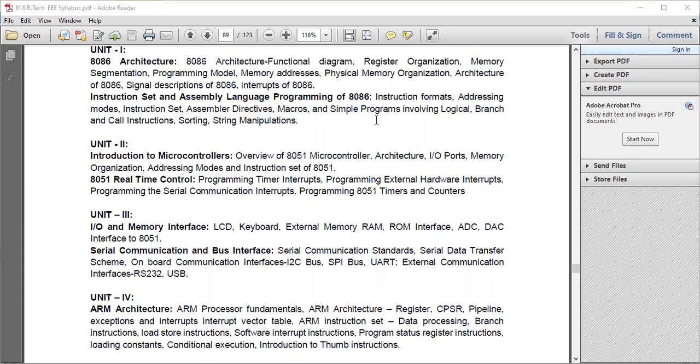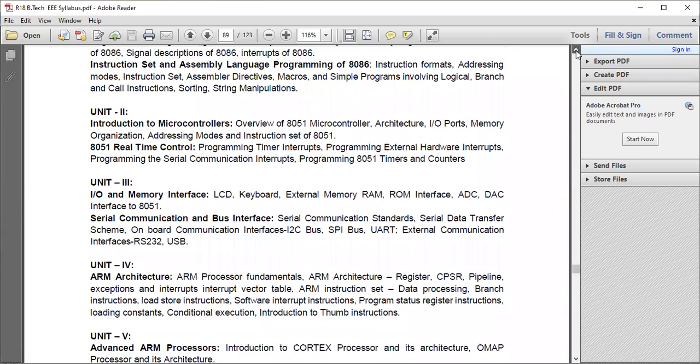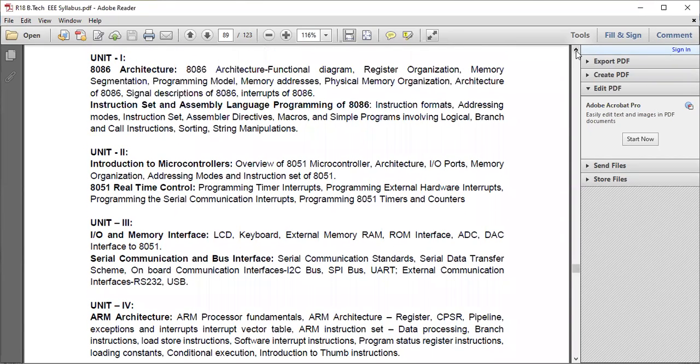The third unit is completely about the interfacing techniques, and the fourth and fifth units are about ARM architecture and advanced ARM processors. So these are the 5 units which are present in our microprocessors and microcontrollers subject. We will discuss the topics which are present in each and every unit.